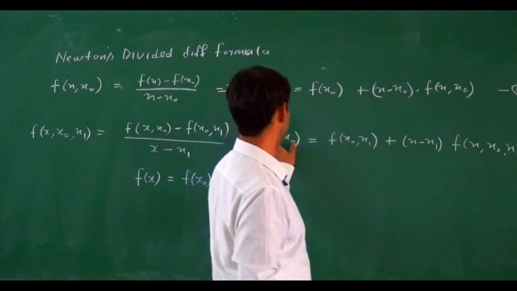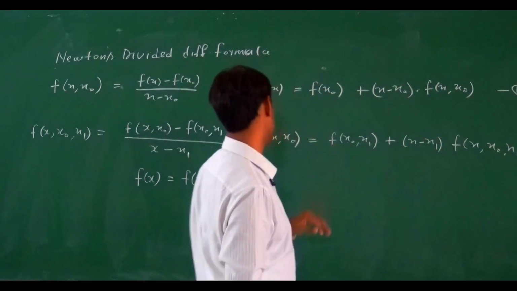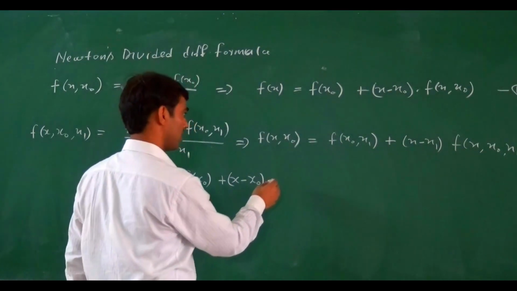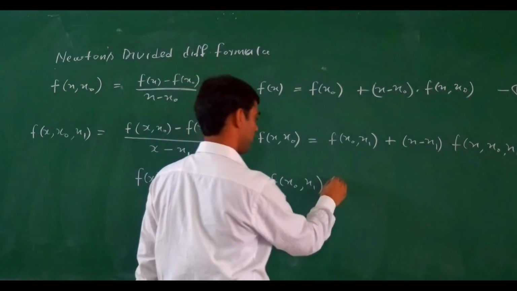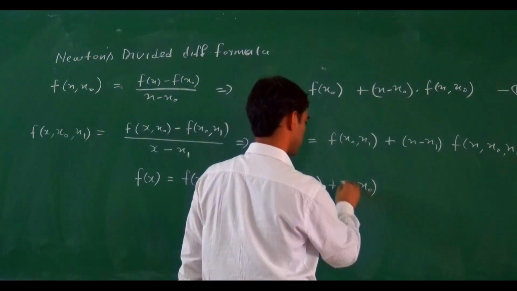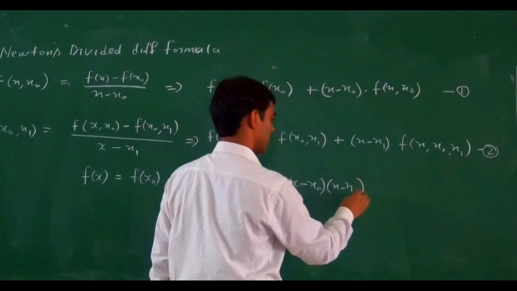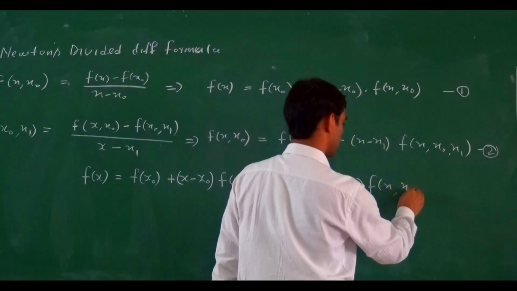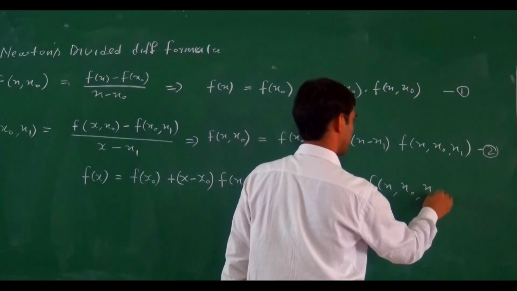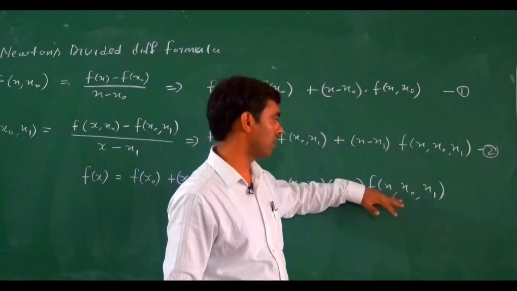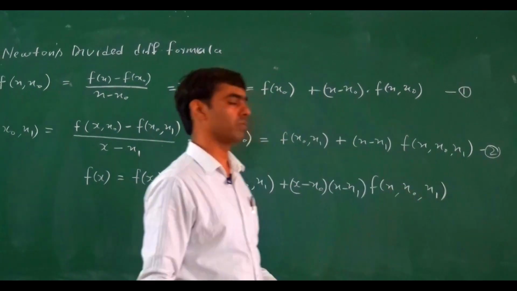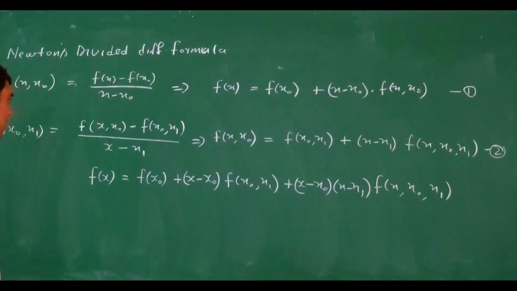If we put the value of f of x, x0 here, this becomes x minus x0 f of x0, x1 plus x minus x0 x minus x1 f of x, x0 and x1. Now from the third order divided difference we replace the value of f of x, x0, x1, and continuing in this manner, we are able to find the general Newton divided difference formula. What is the general Newton divided difference formula?